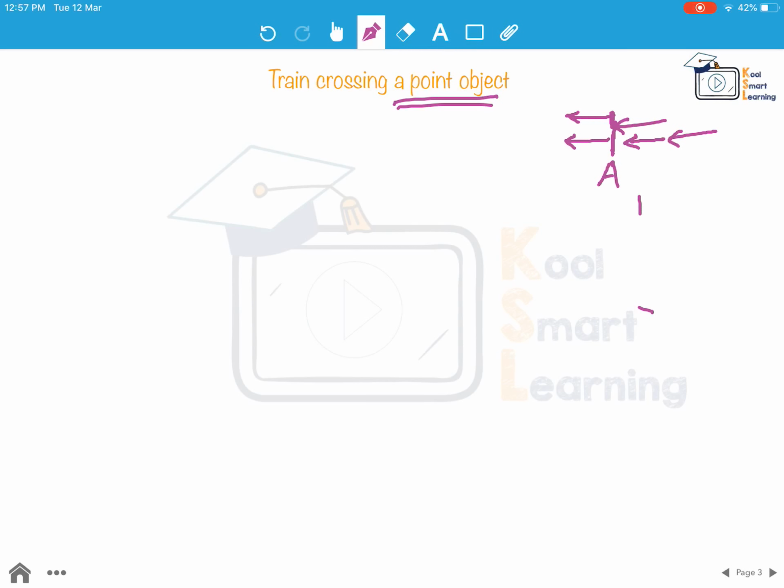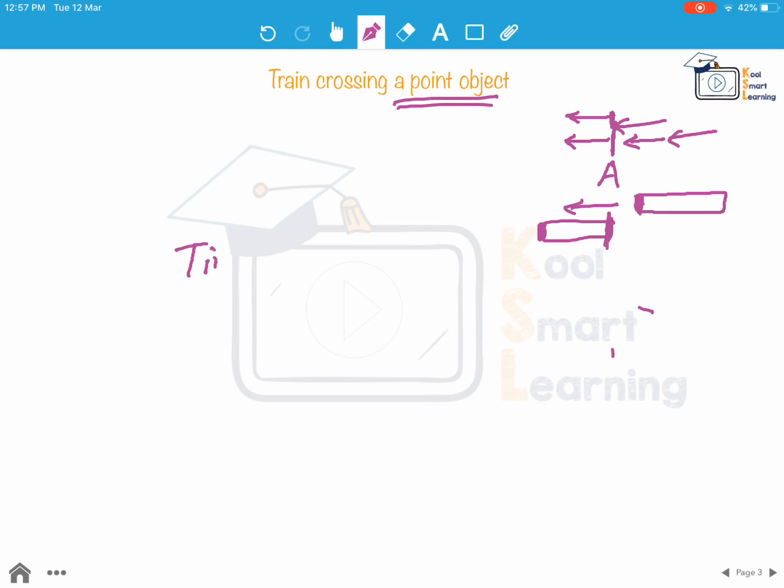So if this is the train, starting when the beginning of the train is at point A and then it crosses and the beginning is now at some other point and the end of the train is now at point A, this will be the time taken.